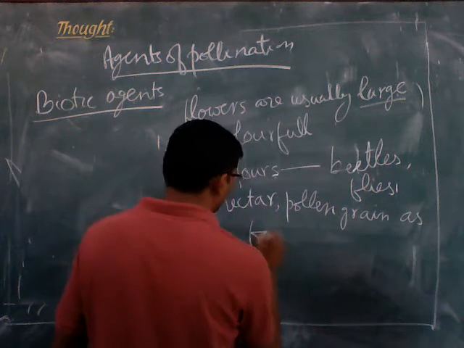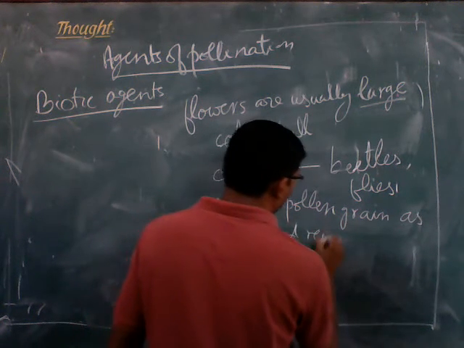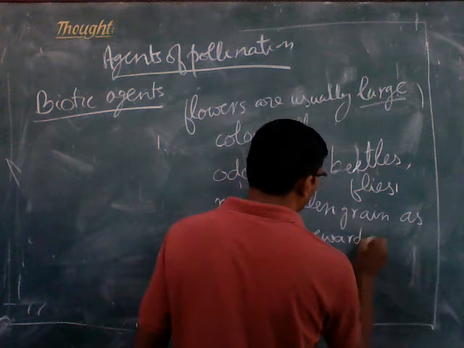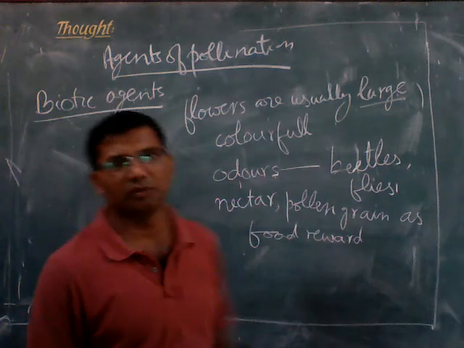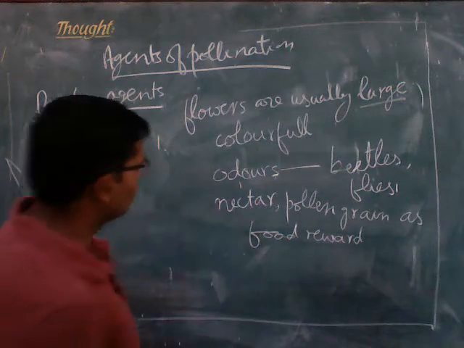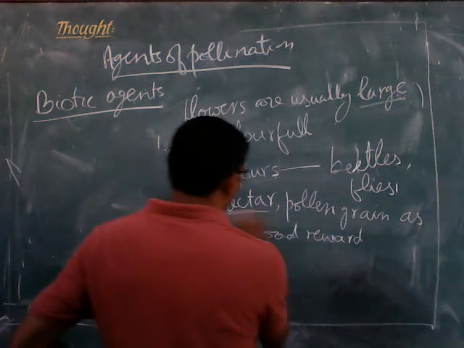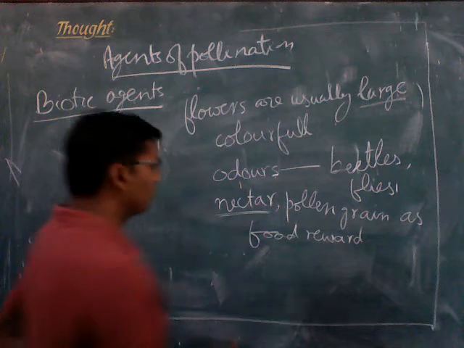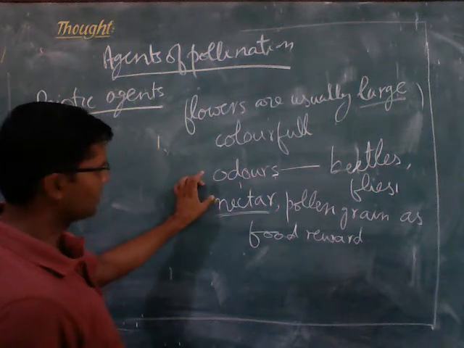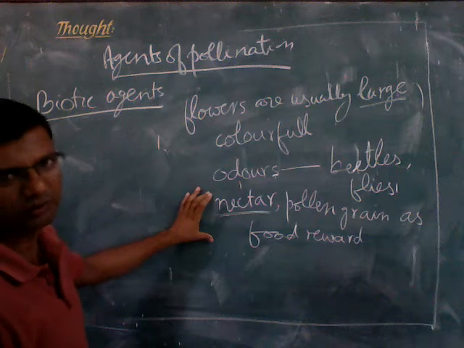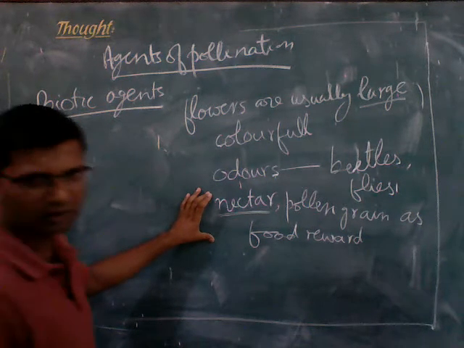So this nectar is a reward, and because of this reward offered by the flower, these agents can regularly visit and they will help in the pollination. So these are different features. The flowers which have regular nectar will be more successful. So in this way, the flowers with a good amount of nectar will be selected as compared to the flowers of that species which have a lesser amount of nectar.